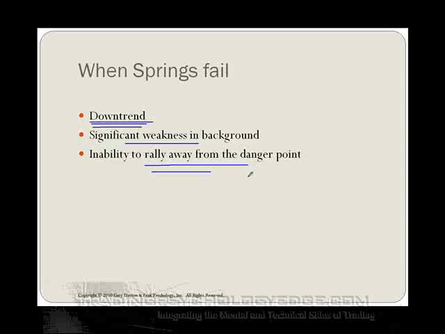I mean, it's sprung, but it's not going to continue to spring. And it's a nice thing about springs. They'll often tell you when they're not going to work, and they're going to give you a chance to get out as a scratch trade or on a very small, modest loss, okay? So those are the three times when springs are most likely to fail. But remember, even when they are good, there's still a 20, 30% chance that they're not going to work out, okay?